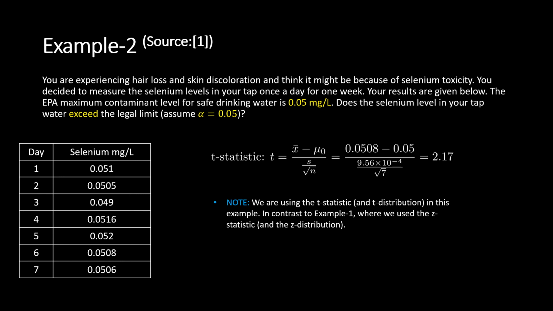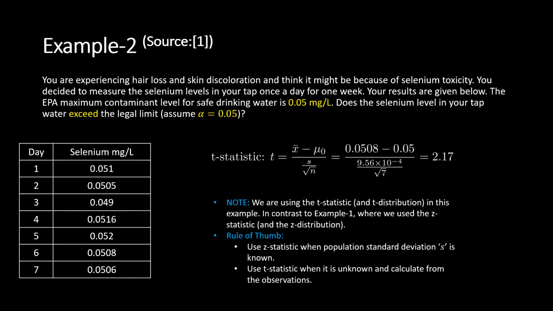In the previous example, you actually knew the standard deviation of the data, but we do not know it here. In fact, we have to determine it from the data, which we did on the previous slide. So a general rule of thumb is you should use the z-statistic when the population standard deviation is known to you, but if you don't know it, then you should opt for the t-statistic, which is determined from the data samples.